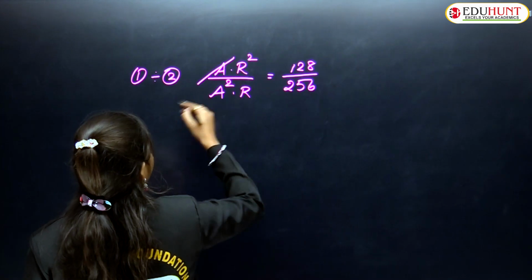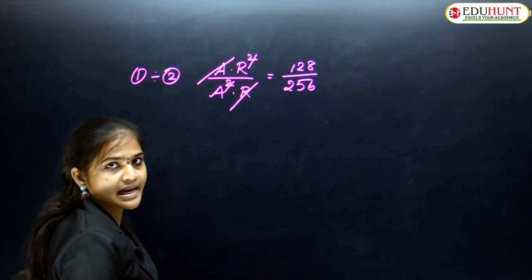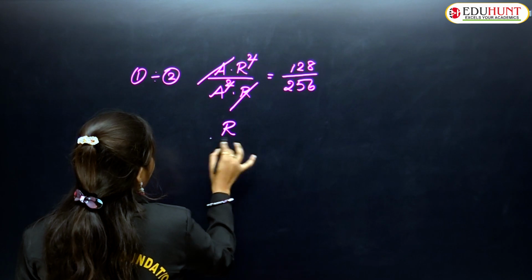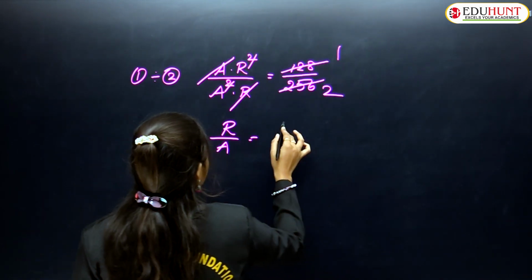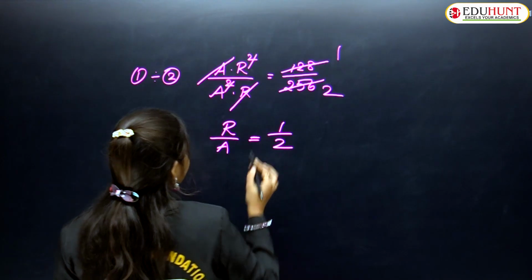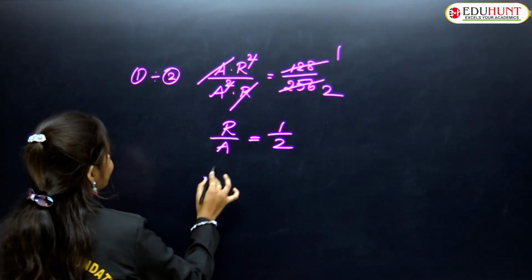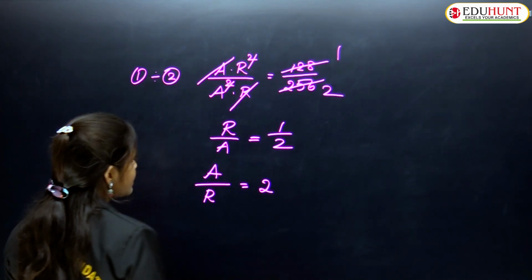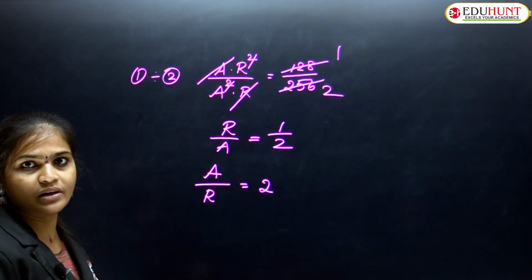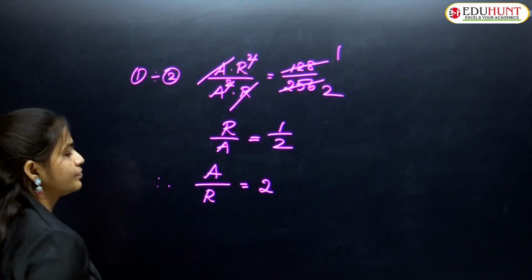So A and A get cancelled, R and R get cancelled. So R by A is equal to 128 ones, 128 twos, so 1 by 2. R by A is equal to 1 by 2. So we can write A by R is equal to 2, just the reciprocal.